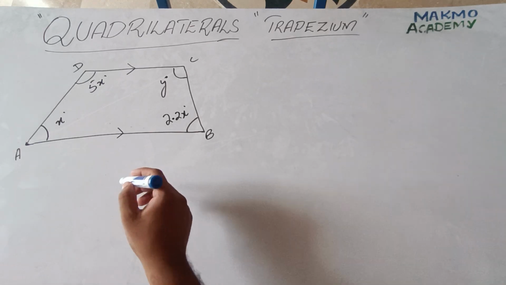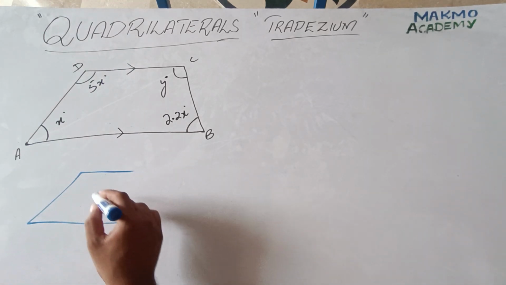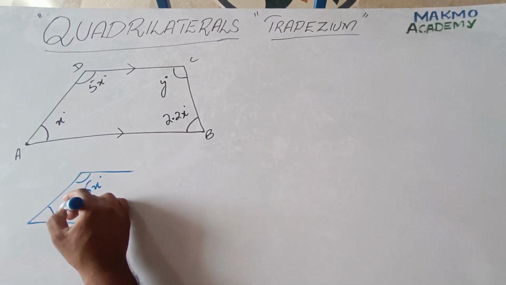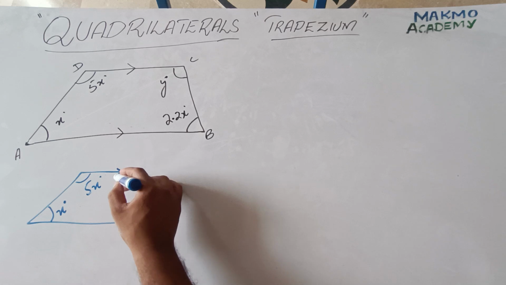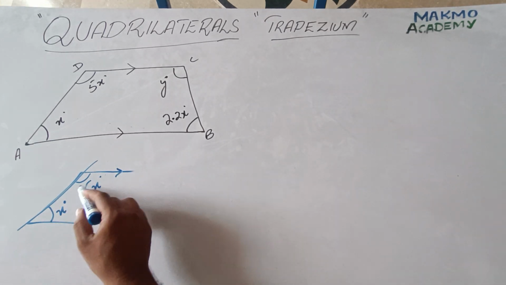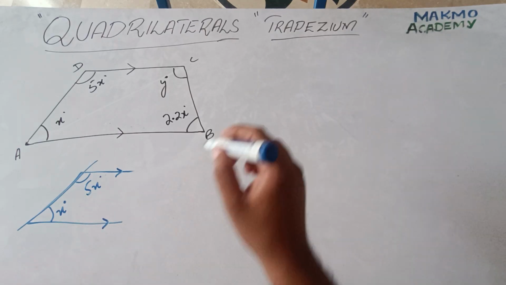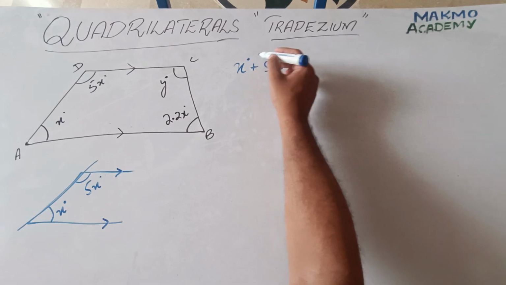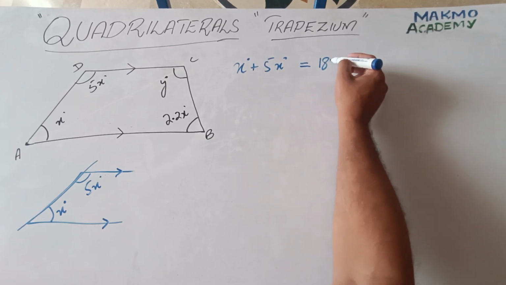So you can see a letter C which is forming over here, and under the arms of letter C these two angles are lying over here. Because these two lines are parallel, this line would work as a transversal. So the sum of these two angles would be equal to 180 degrees. So 5x plus x is equal to 180 degrees.